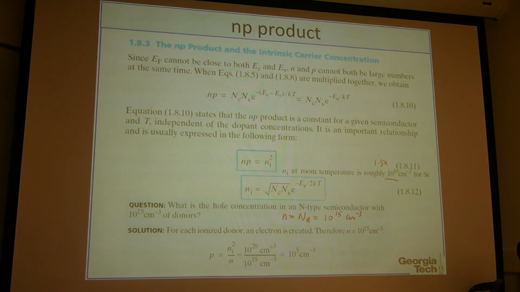Also in this N-type semiconductor, we know that the electron is the majority carrier, because there are more electrons than holes. Then the question asks you for the hole density. What is the P number there? P is the minority.